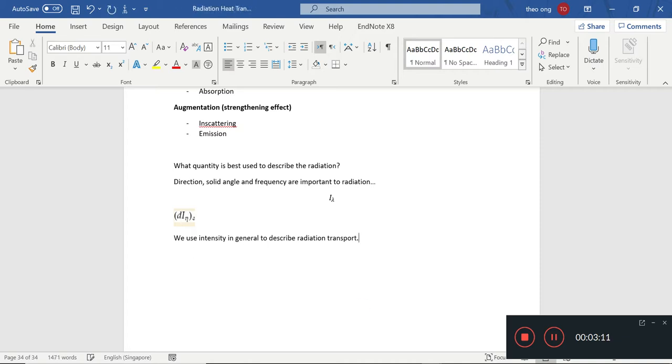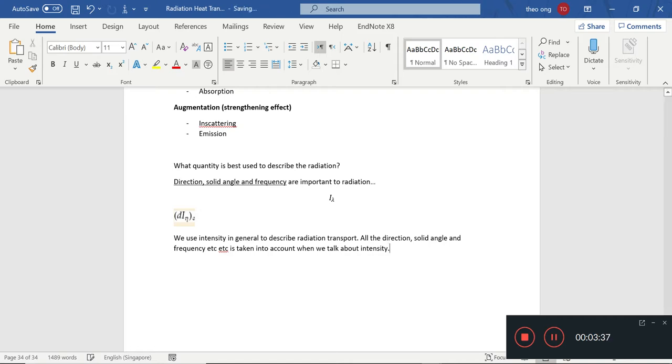Why? Because all of these factors are taken into account, especially the direction and solid angle. The direction, solid angle, and frequency, etc., are taken into account when we talk about intensity.